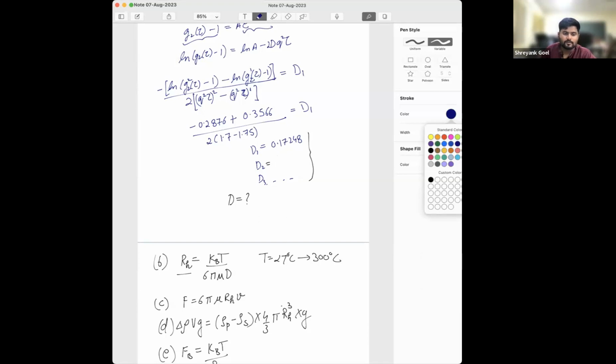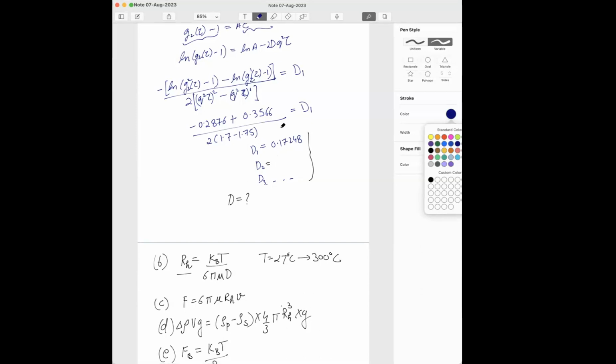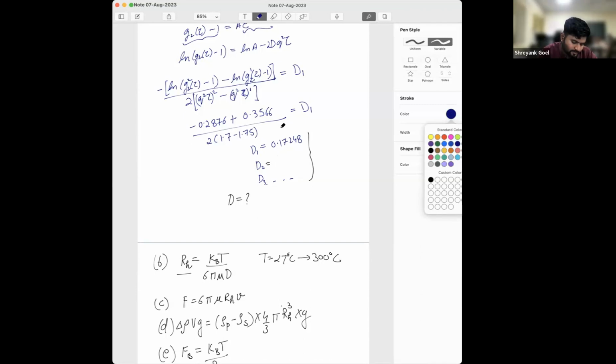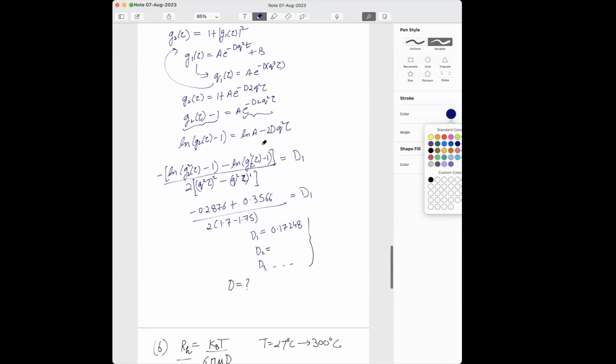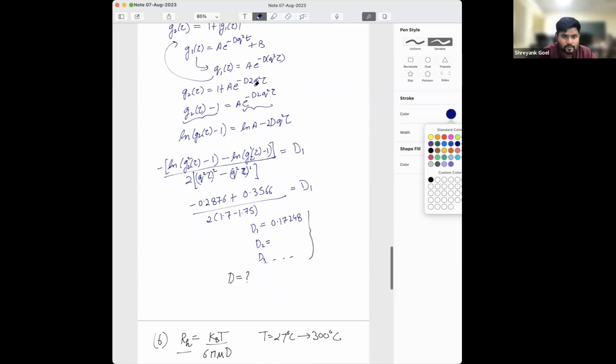Kaushika? Sir, actually I'm having some doubts. In this formula, ln minus ln into g square, this equals one, to d1.